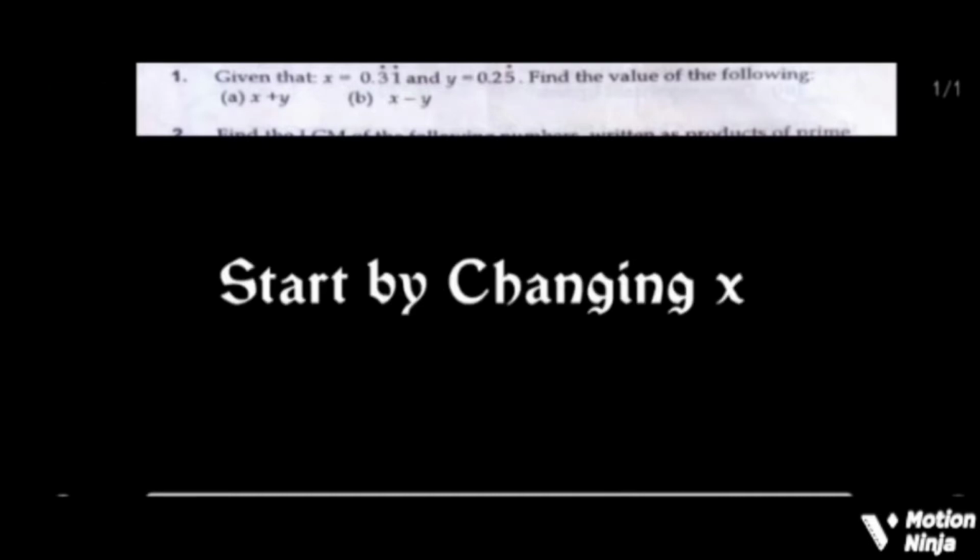We start by changing x. We are given that x equals 0.31 repeating. So there are principles on how to change the repeating decimal into a fraction. Principle number one is to start the question, the digits.